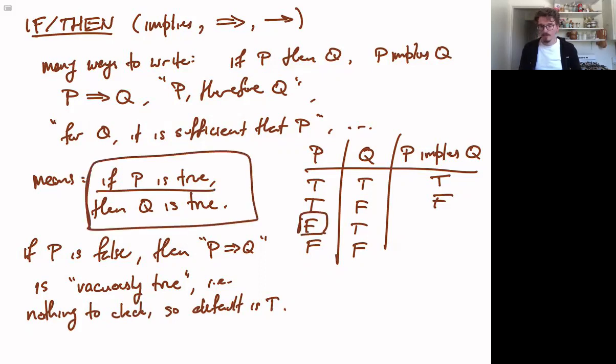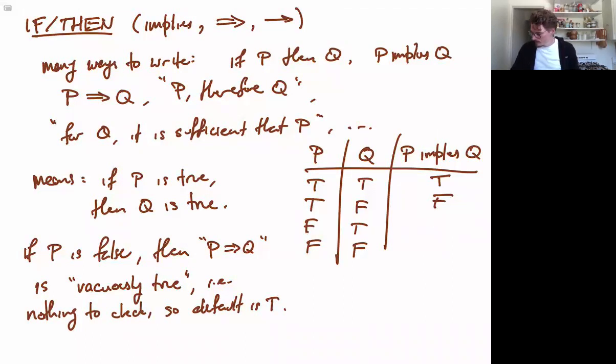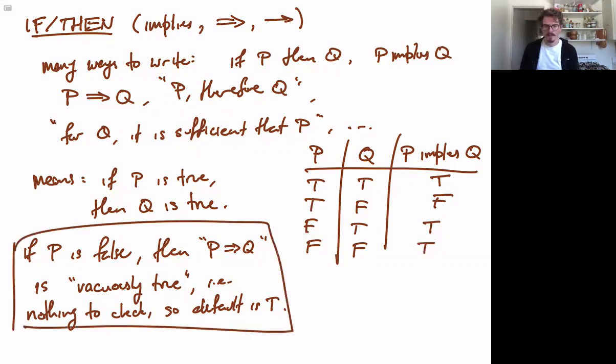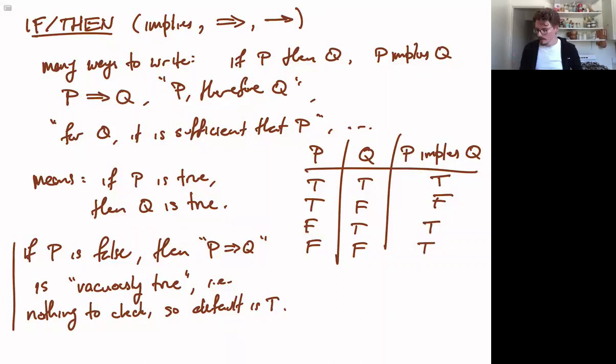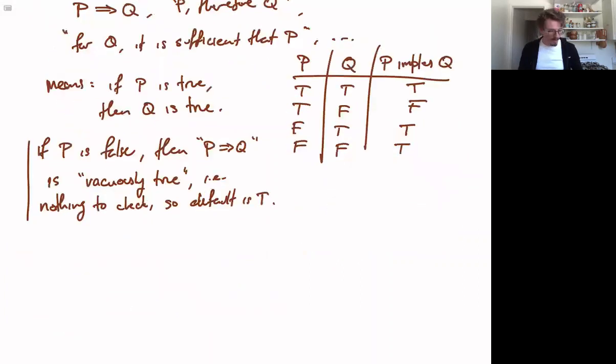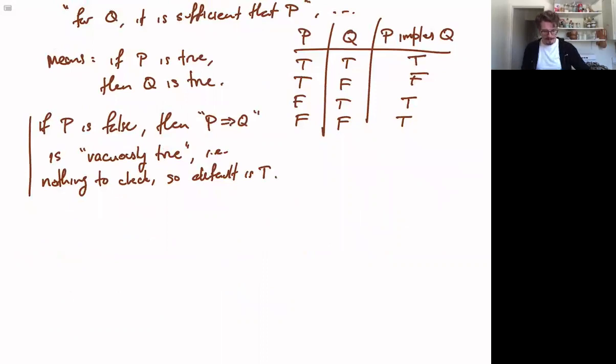If P is true, that's not a situation that we're worried about. That's not the situation we're in. So there's nothing to check, and let's just say it's true. So in both of these situations, it is true. So this is part of the subtlety of P implies Q, but I will have more to say about it in a second, after we finish this last guy.